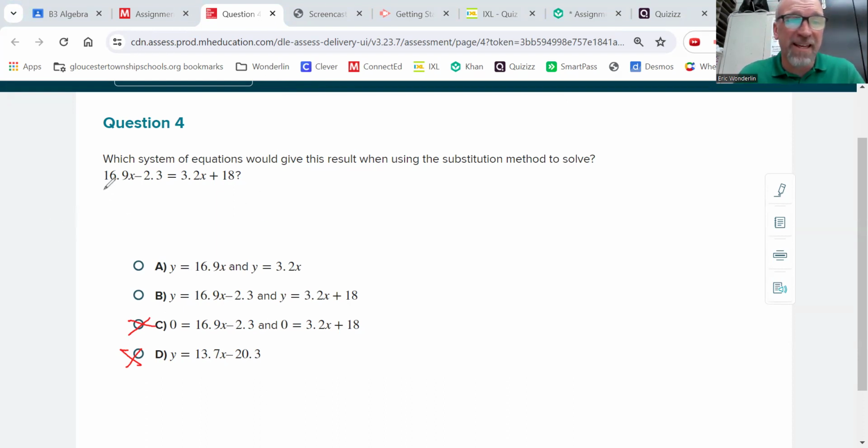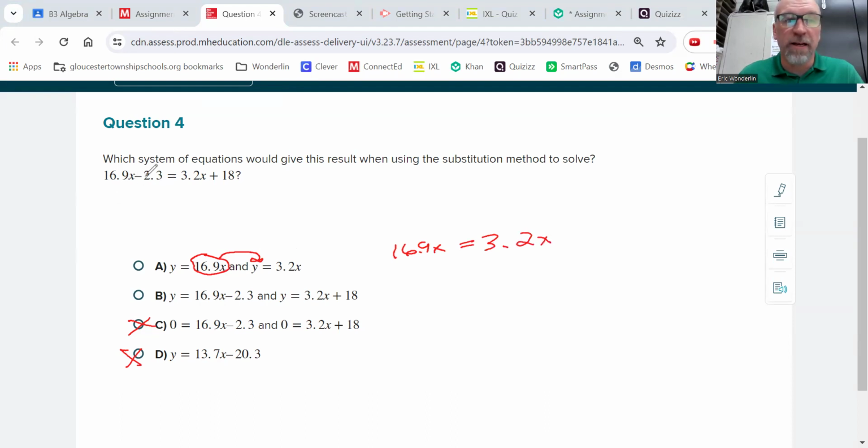I'm trying to get this equation right here when I substitute. Well, these are both in slope-intercept form. If I substitute this in place of the y right there, my equation just says 16.9x equals 3.2x. That's not what this says.